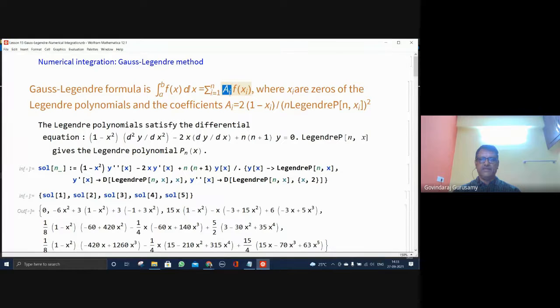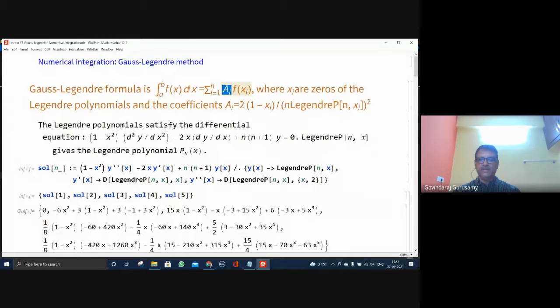You use the corresponding weight function or coefficient from the Legendre differential equation solution. Therefore it is named the Gauss-Legendre method.